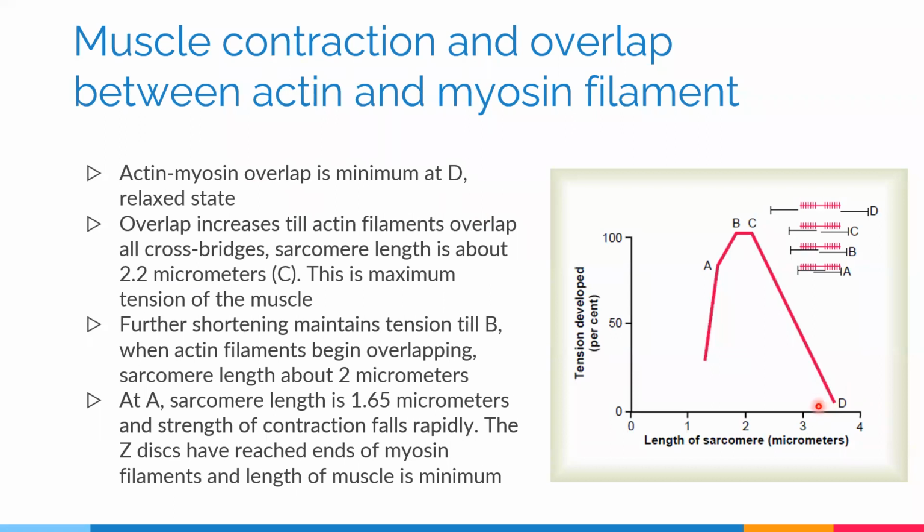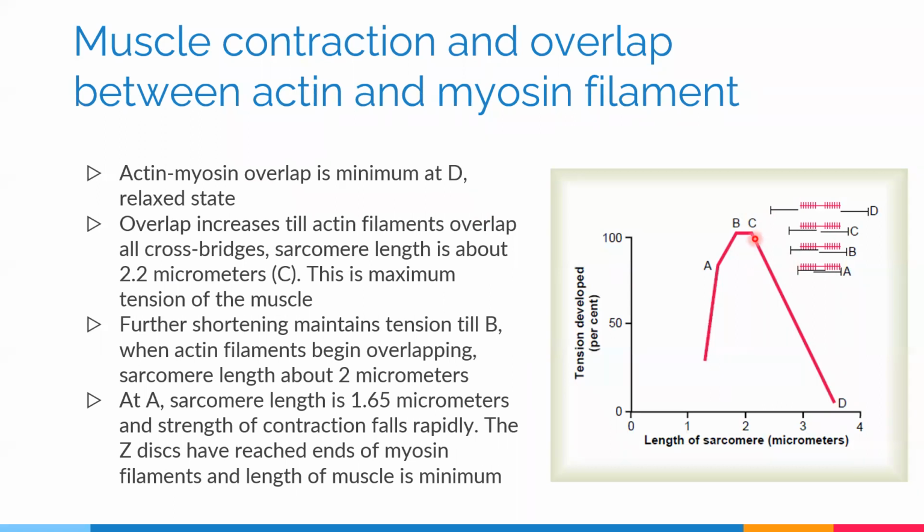Overlap increases till actin filaments overlap all cross bridges, and the sarcomere length is about 2.2 micrometers. That is, once the contraction begins and the filaments overlap, the whole muscle moves from the D position to the C position. This is where the maximum tension of the muscle occurs.